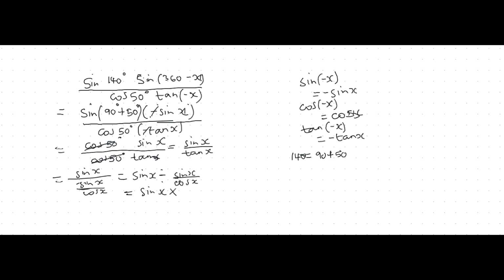Then you flip what was in your numerator, it goes to your denominator, vice versa. So now you'll have cos x over sine x, then they cancel out. You'll be left with cos x. Yeah. So that's how you solve such a question.